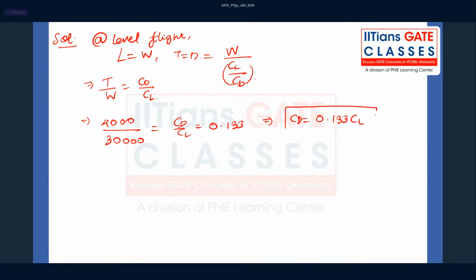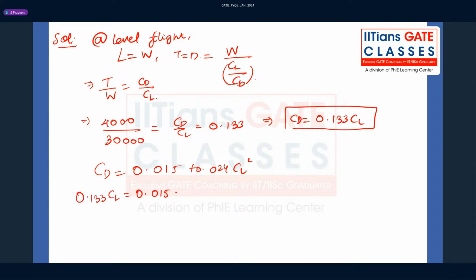From the drag polar, what is the given drag polar? It is 0.015 plus 0.024 CL square. So substitute this CD over here, you will have 0.133 CL equal to 0.015 plus 0.024 CL square.